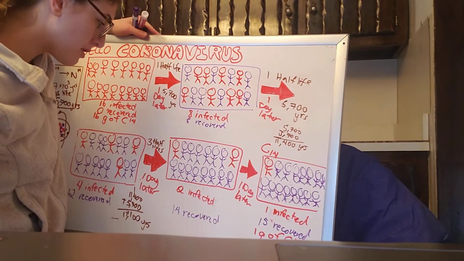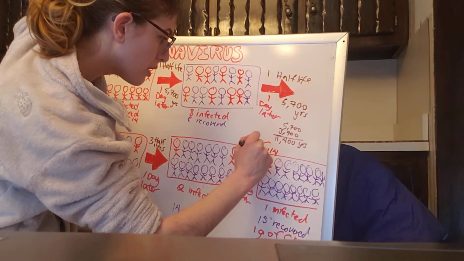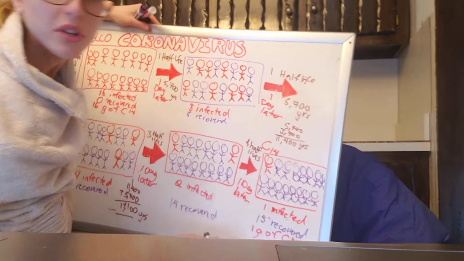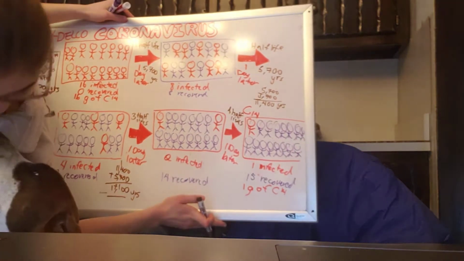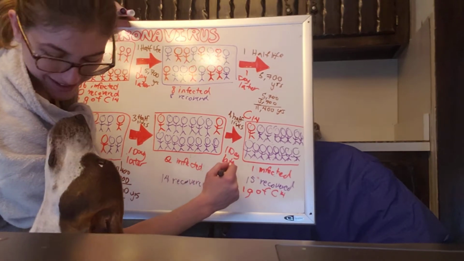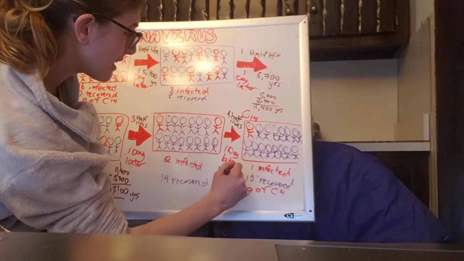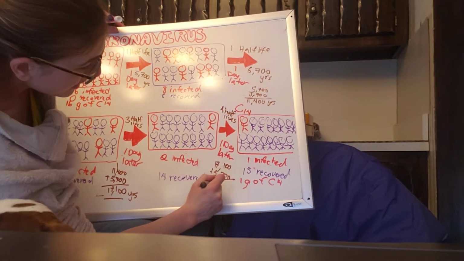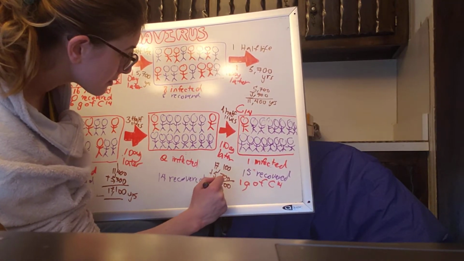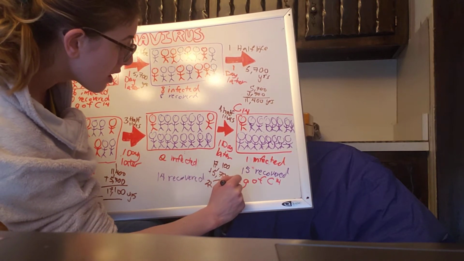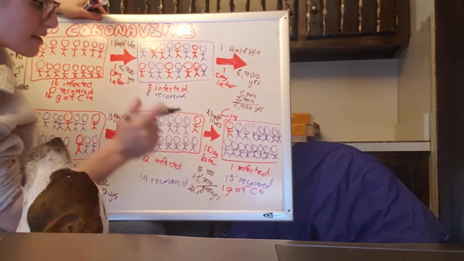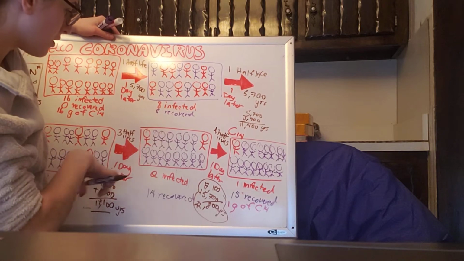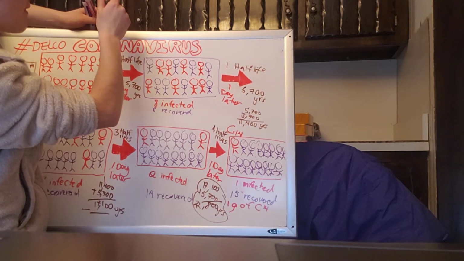All right, so another half-life later. 4 half-lives later, I'm going to take this number, 17,100, plus 5,700, and you're going to get 22,800 years. That is the time it's going to take for 4 half-lives. So from 16 to 8 to 4 to 2 to 1. 4 half-lives later.